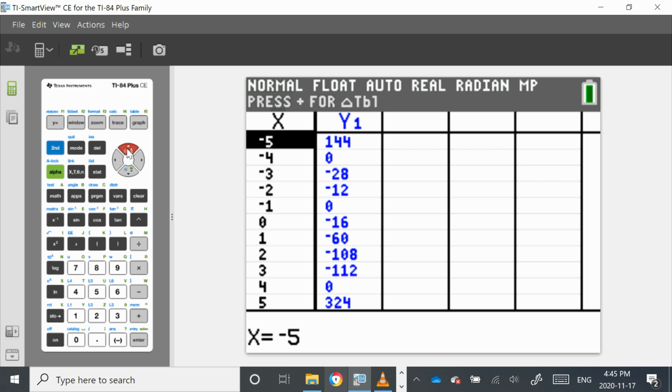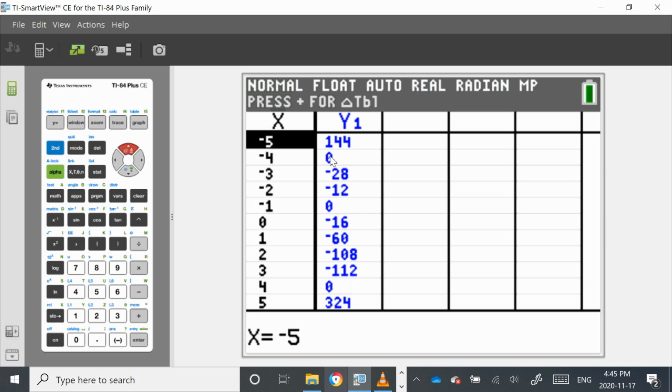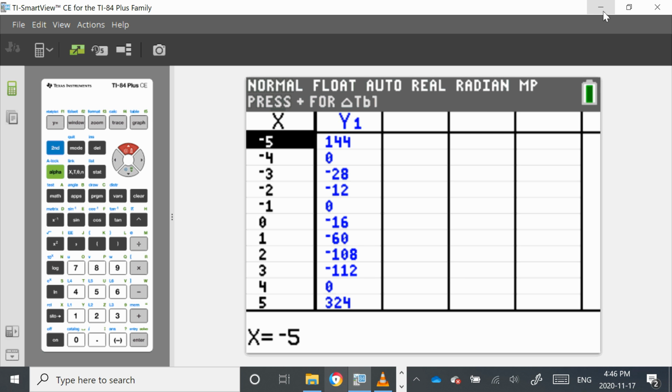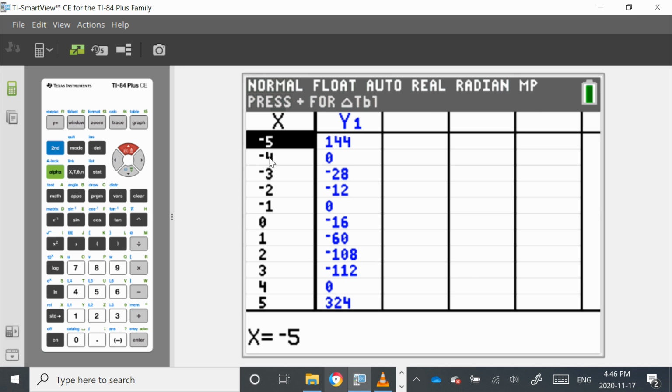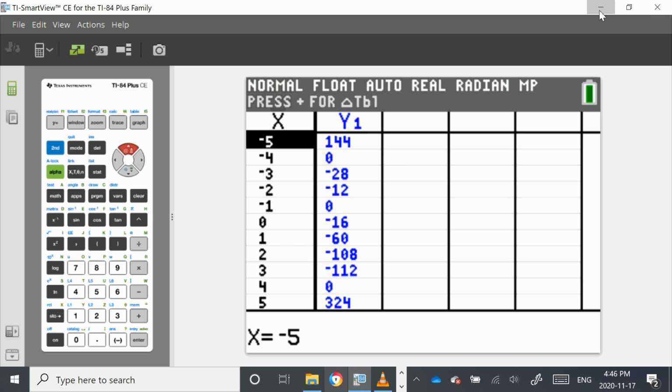There it is. So there's a 0, there's a 0, and there's a 0. So my x-intercepts, or my zeros, are negative 4, negative 1, and 4. Okay. So let's write my x-intercepts or my zeros. So x is equal to negative 4.